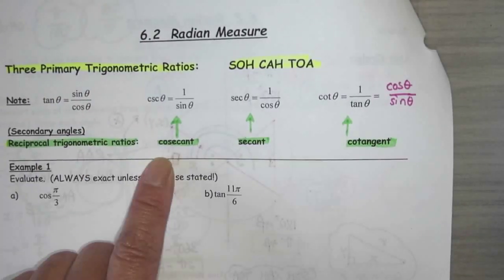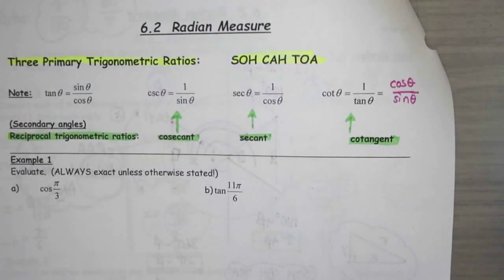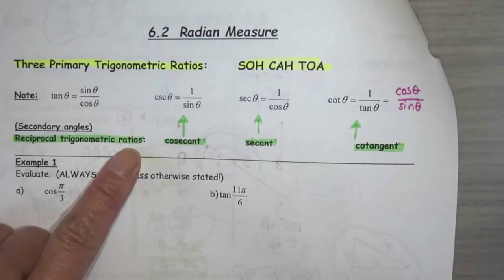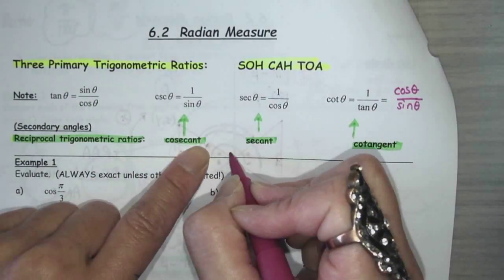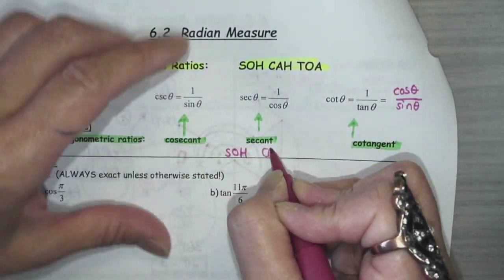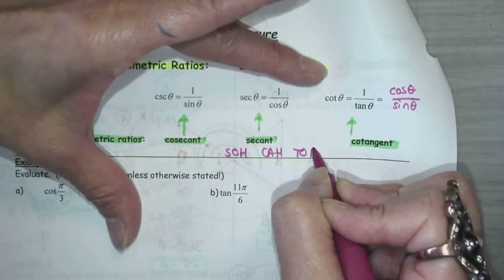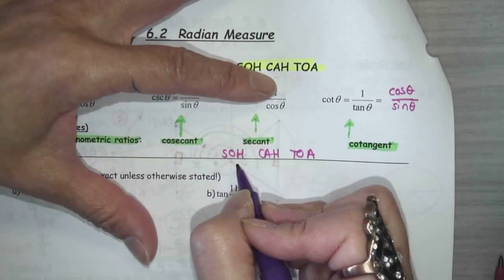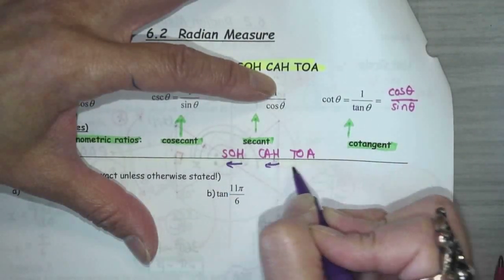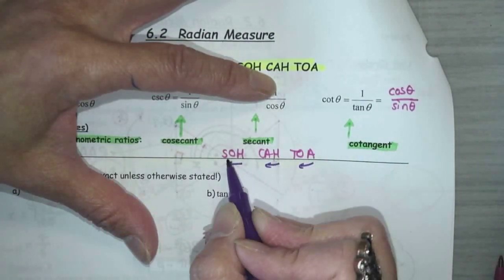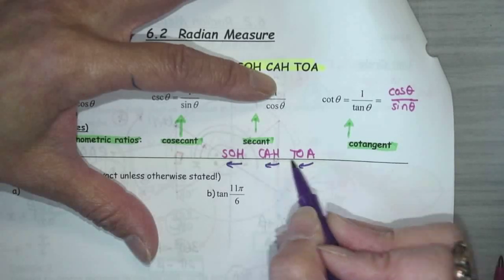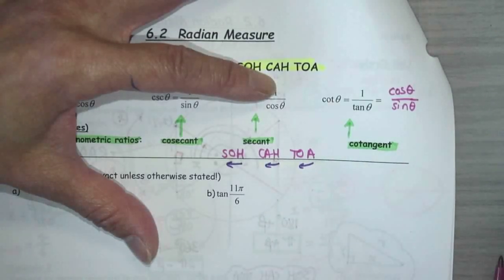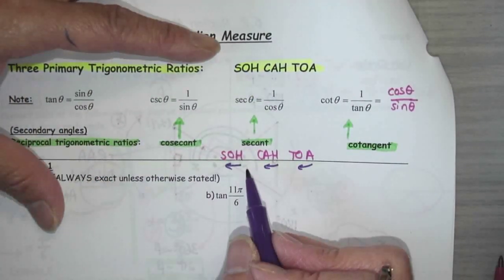Okay, so we've got the reciprocals. We mentioned that before. And when you do SOHCAHTOA for the reciprocals, I'm just going backwards. So it's H over O, H over A, and A over O. Does that make sense for the reciprocal? So for the reciprocal, I'm just reading it.